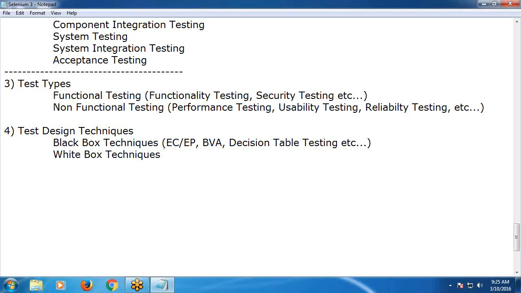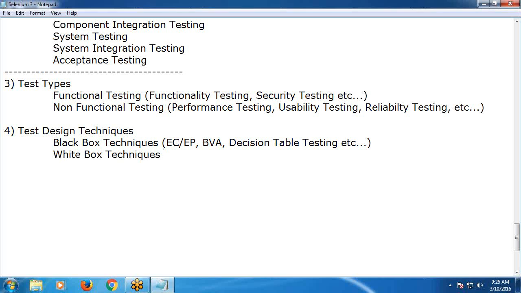Yes, sir. Okay. In order to reduce the input, we use test design techniques. We divide our input into classes and we take only some inputs, not all inputs. Then we can cover all areas. In order to reduce the input domain, we use test design techniques.